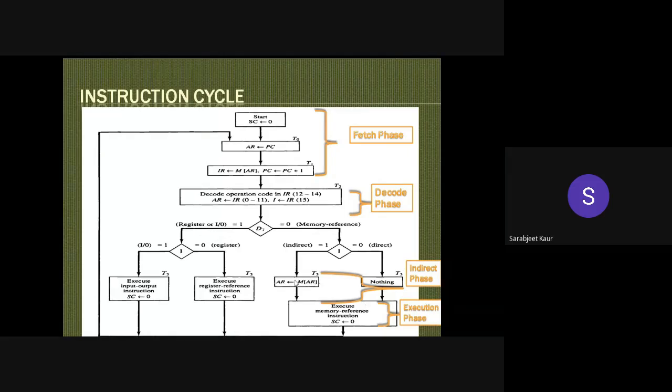In this case, the contents would be the effective address, and we put them back into the address register. So that after this step, the address register now contains the actual effective address of the operand. So that now it has the location of the operand, and it can start executing the instruction in the next phase. Is this clear?